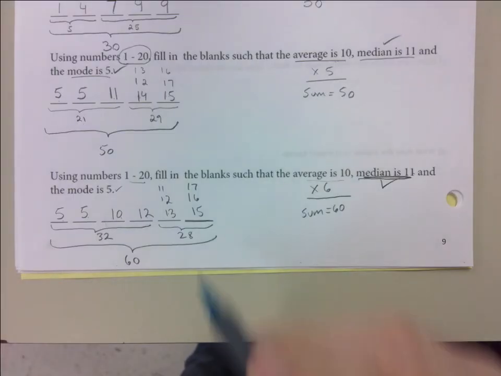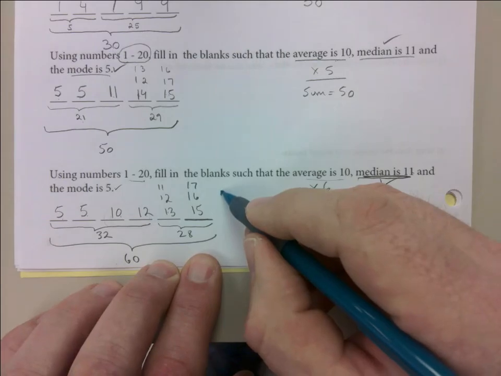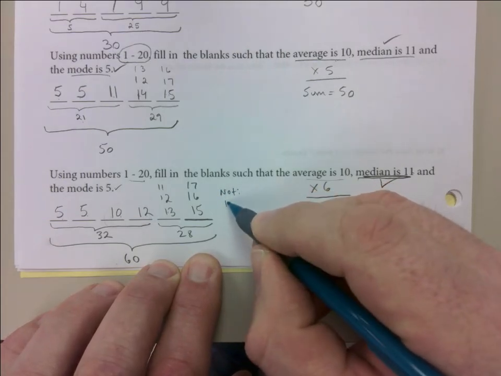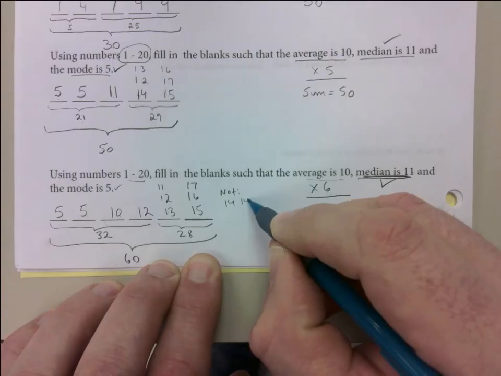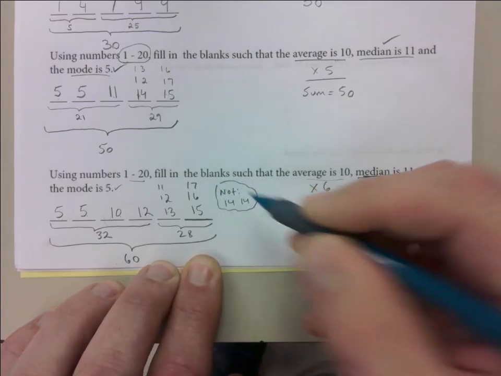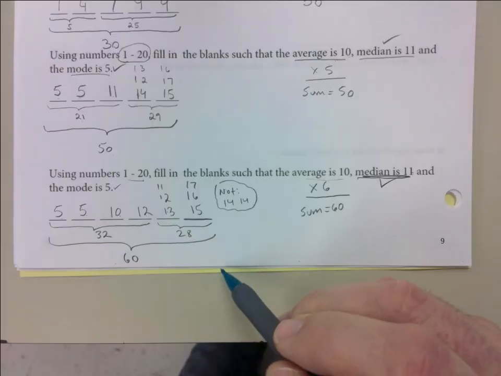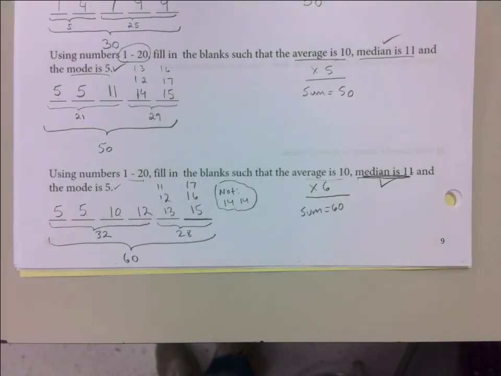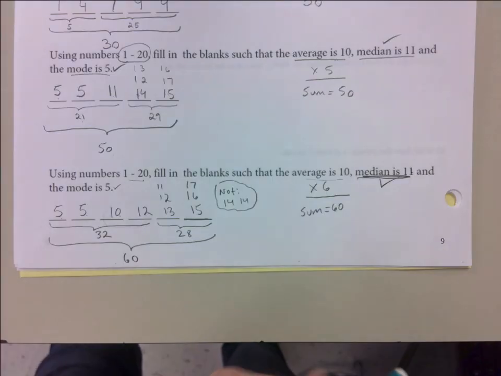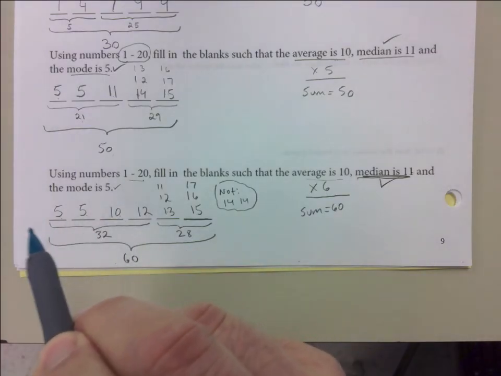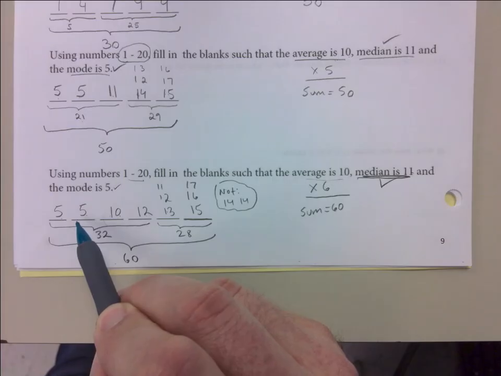Any combo that gives you 28, but not 14, 14, okay? This question doesn't say we have 2 modes, you just have 1 mode. So 5 has to be the most popular number.